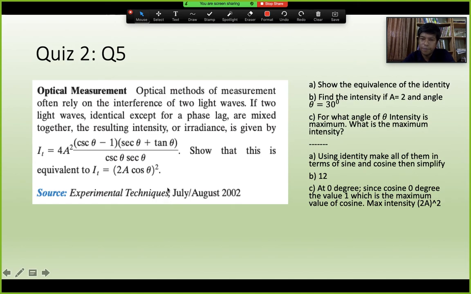Then if there is some extension, say a equal to 2, angle equal to 30 degrees, we put them here, then we get some solution. If you put a equals to and the angle equals to here, then what value you get? Is there any difference? You can check that also. For maximum intensity, maximum value of cos theta is 1, so it will be 2a whole square. If a equals the value given, then we can put the value to find out the solution.